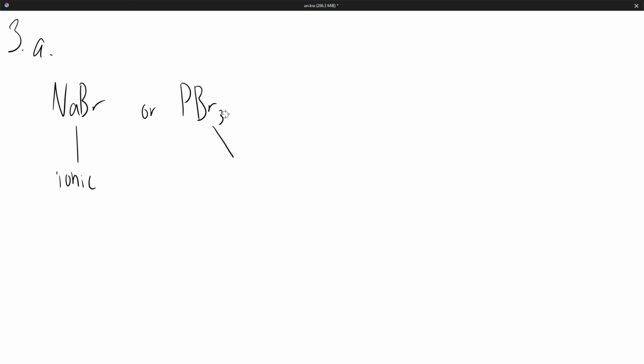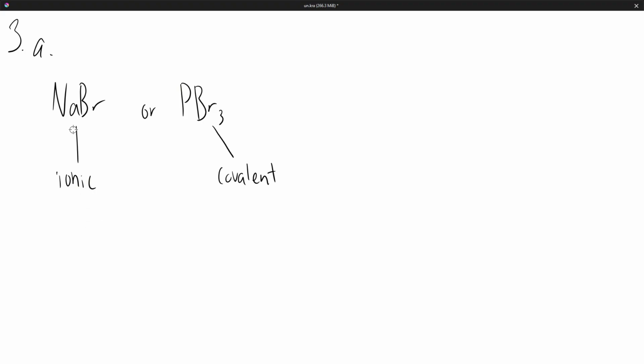Here for phosphorus tribromide, it's just a covalent bond, like dipole induced stuff, which means they're closer to each other, so they won't have as big a difference in electronegativity as sodium bromide, which means this is a stronger bond.